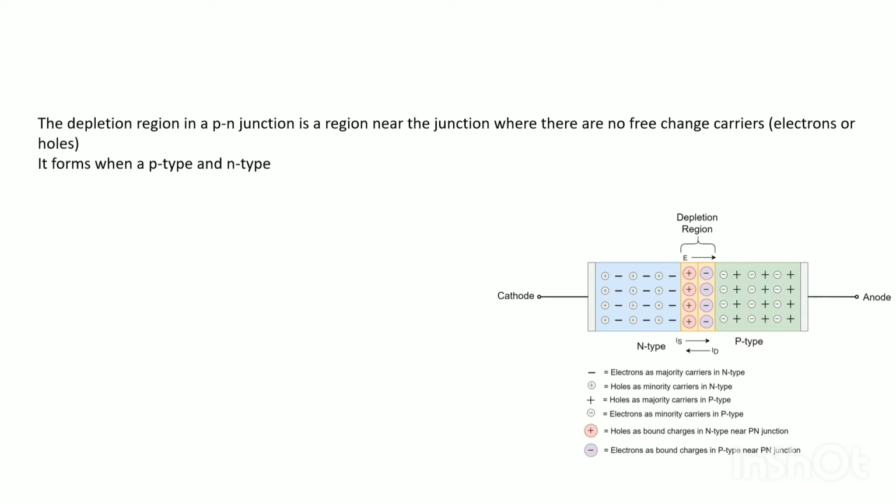The boundary between the p and n regions, where all the action occurs, is called the PN junction, and connections made to the P and N regions are referred to as the anode and cathode respectively.